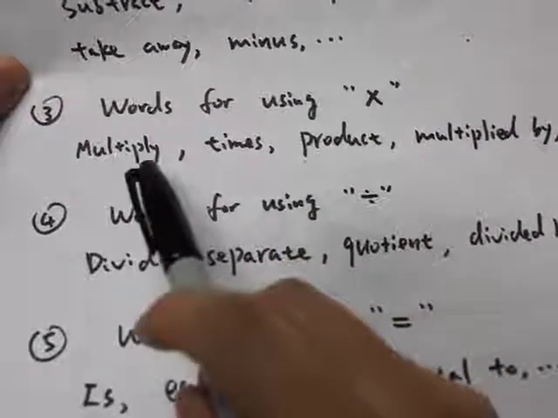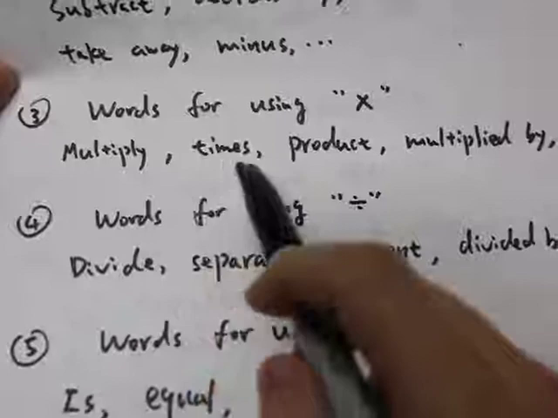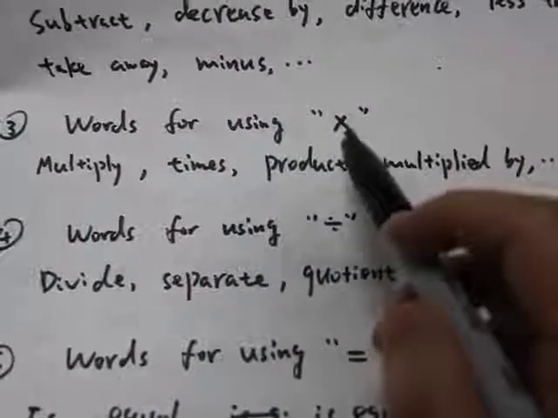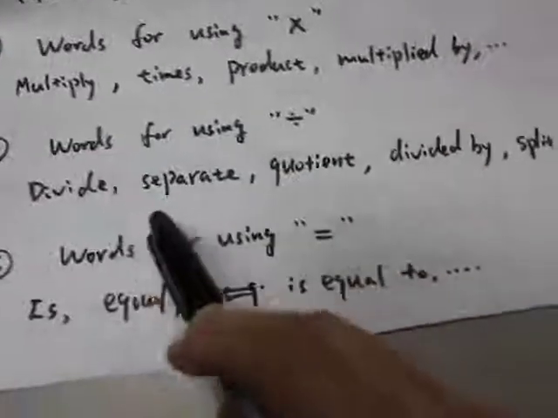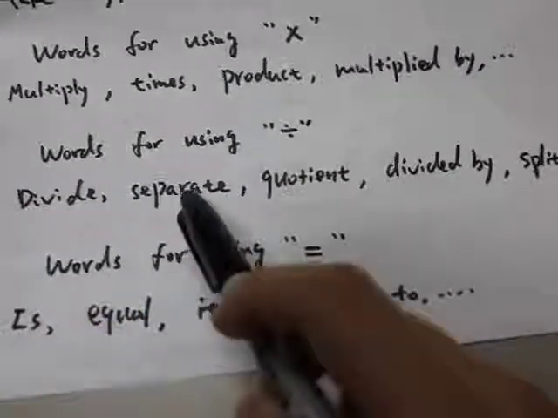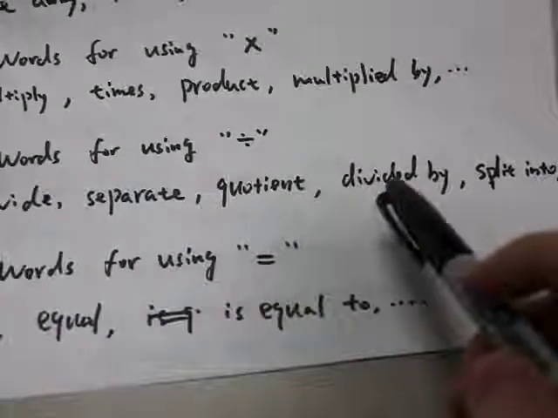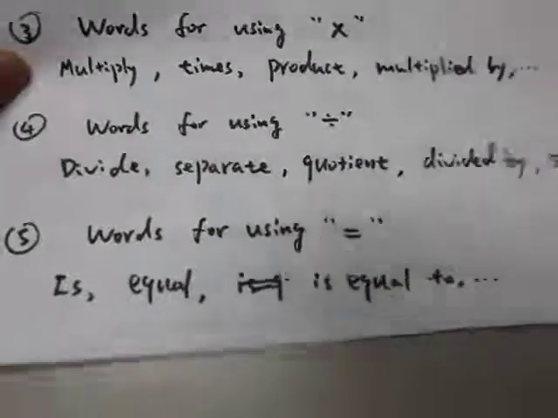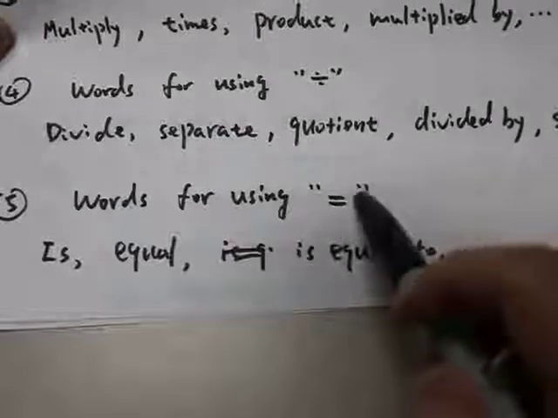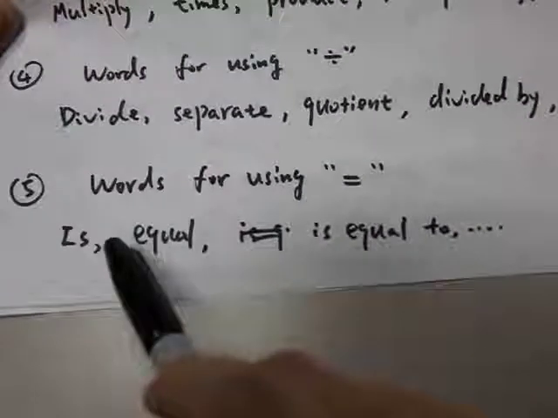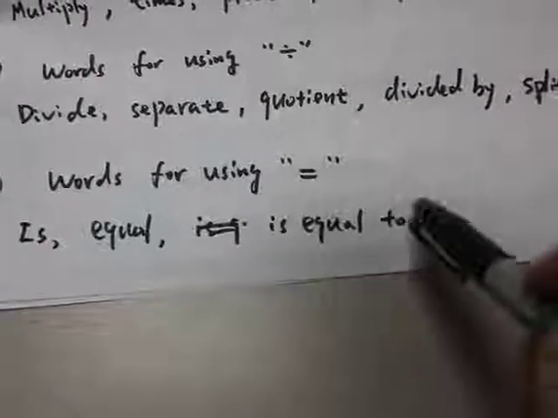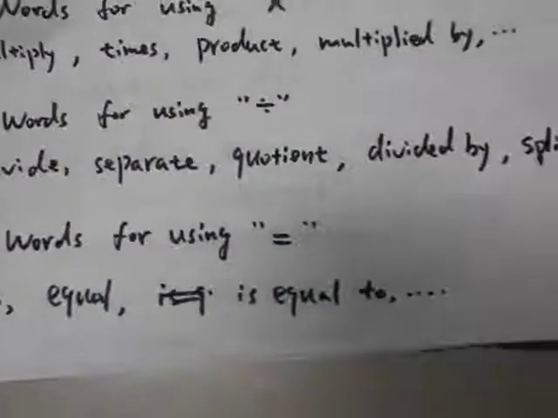And if we have multiply, times, product, multiplied by, then we should use a multiplication. And if we see these words divide, separate, quotient, divide by, split into, we should use a division. And usually when we have is equal to, then we should use this equal sign.